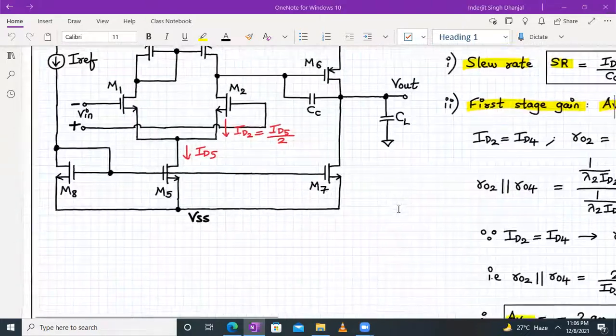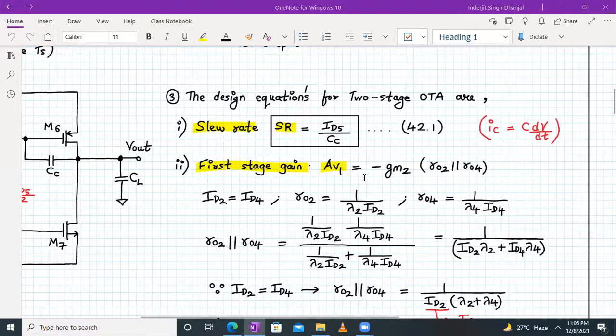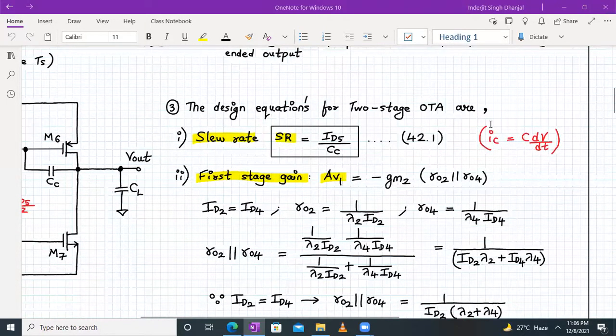Now, let's understand what the design equations for the two-stage OTA are. So these are as follows. First is the slew rate. Now we know the current flowing through a capacitor is C dV by dt, right? And dV by dt is my slew rate.